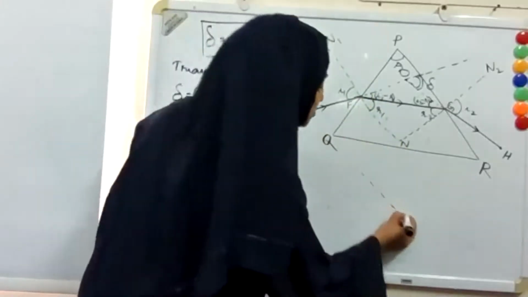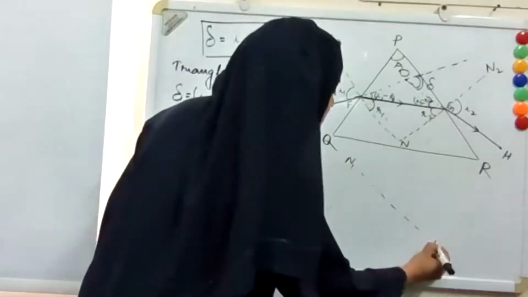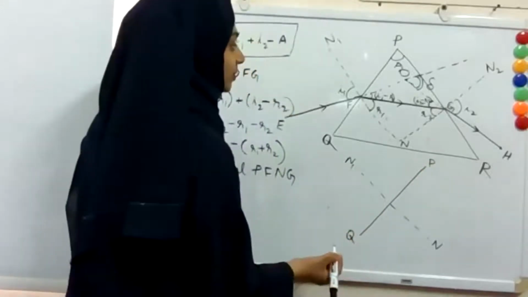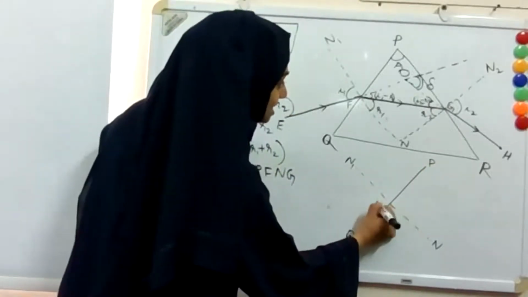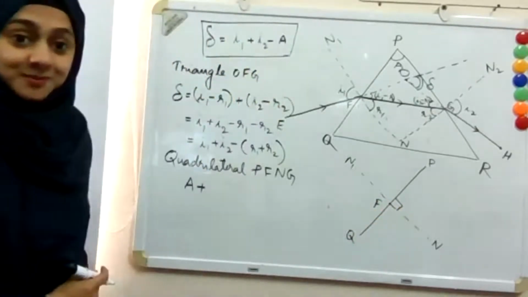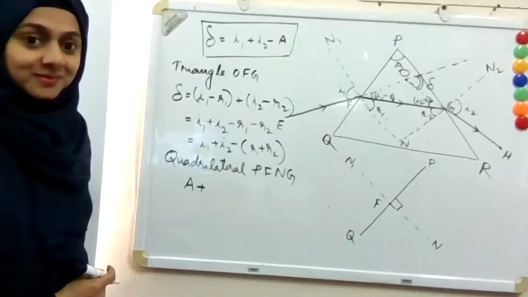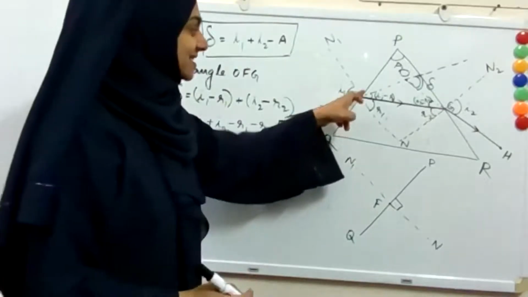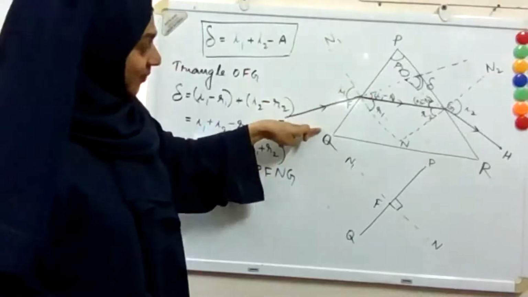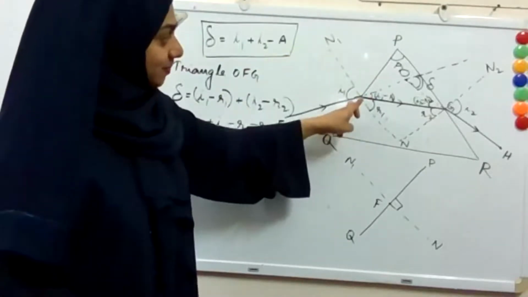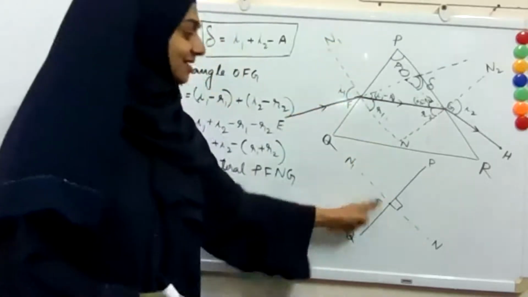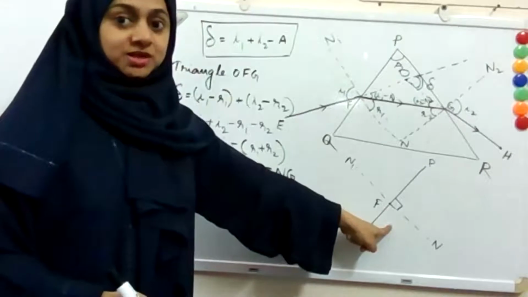Let me write only those two lines. This is N1, this is N, and you have PQ. PQ and N1N are perpendicular to each other, and this point is marked F. So what is the angle PFN? 90 degrees. The drawing was confusing because there are other lines in between, that's all. Yes, PQ and N1N are perpendicular to each other, and F is the point. So PFN is 90 degrees.